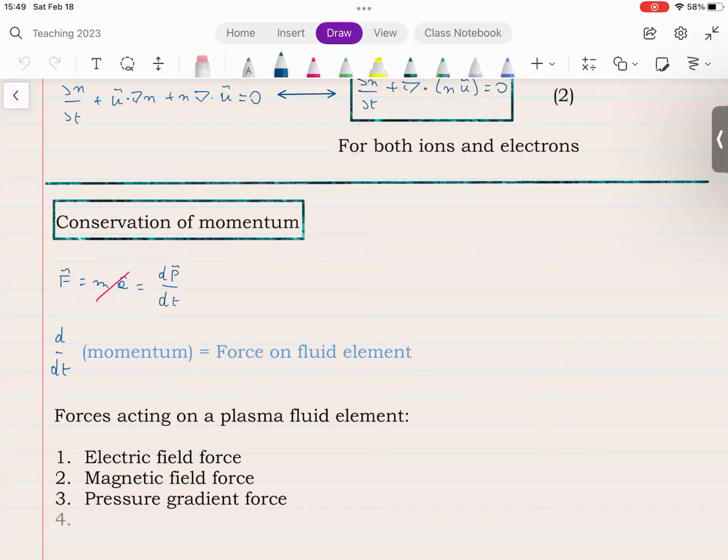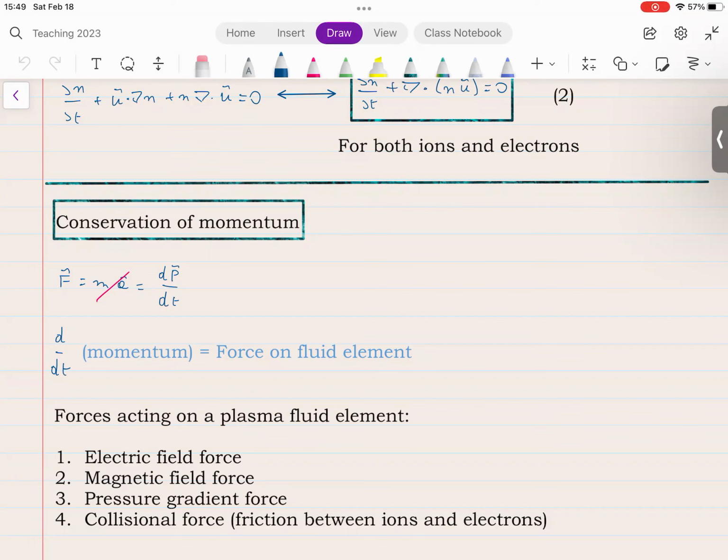And last, I'm going to have a collisional force, which is in practice the friction between ions and electrons. So if, let's say, I have a cloud of electrons that's not moving, and I make my plasma of ions and electrons, and I shoot the ions in a beam, they're going to have collisions with the electrons, and they're going to drag them along.